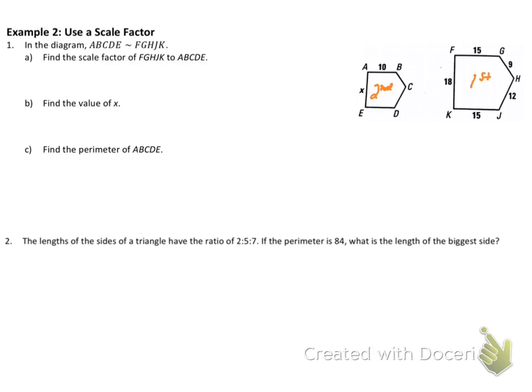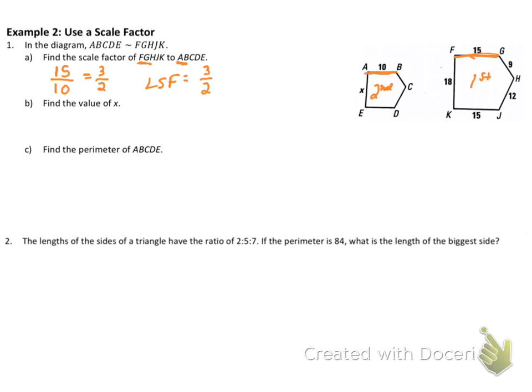Okay? So let's see what matches up. I've got FG, which is 15, matching up with AB. So I'm going to put 15 on top. I'm going to put the 10 on the bottom. And if I simplify that ratio, I'm going to get 3/2. So the linear scale factor is equal to 3/2.